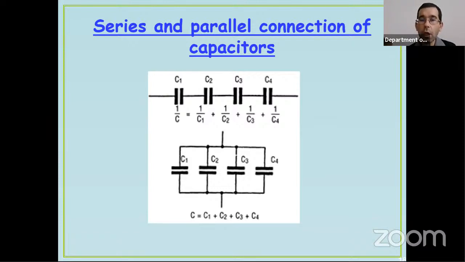How can we obtain the so-called net capacitance for both a connection in series and in parallel? In case of parallel connection, we just have to add the individual capacitances.